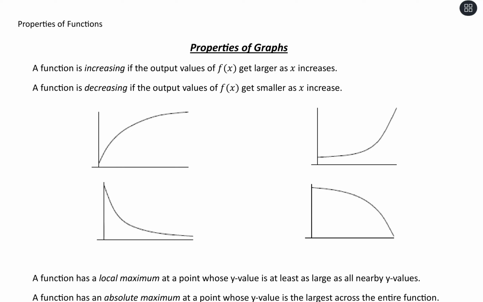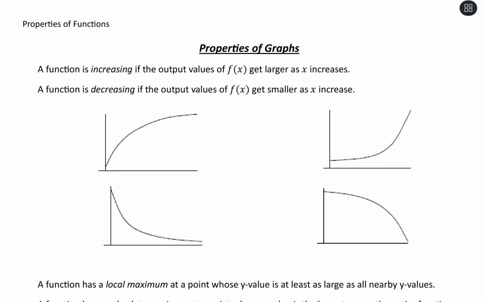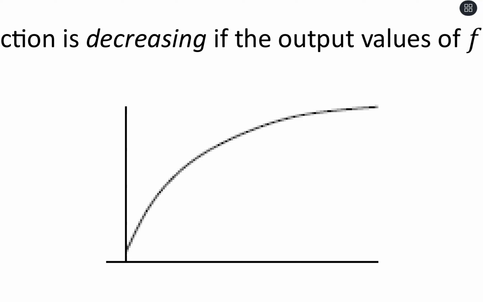So let's talk about some properties of graphs that we can describe, starting with the idea of increasing, decreasing. When describing increasing and decreasing, we're focusing on our output values, or our y-coordinates, as we're moving from the left to the right. So in this first scenario, if we're traveling along this and we grab some coordinates, and I map where I'm landing on the y-axis, they're getting larger and larger.